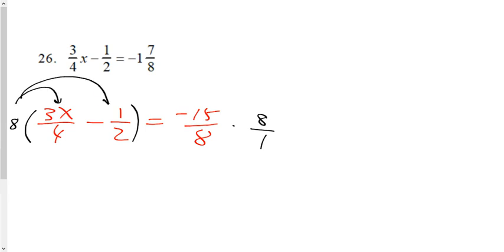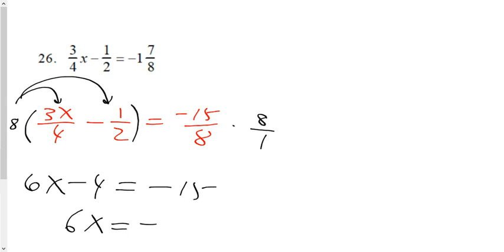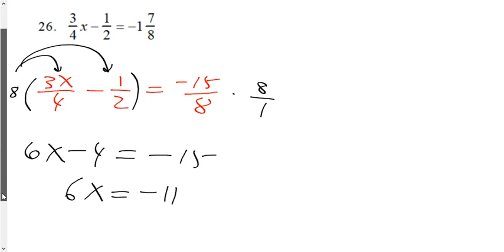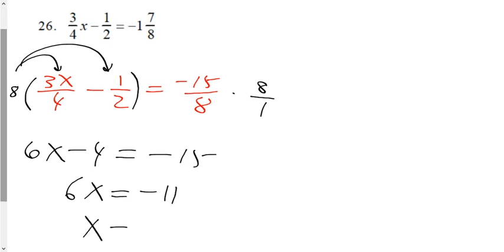When you expand this, you're going to get 6x minus 4 equals negative 15, if you did it properly. Added 4 to both sides, you get 6x equals negative 11. And if you divide both sides by 6, x equals negative 11/6, or negative 1 and 5/6 as the solution. That's if you did it that way.